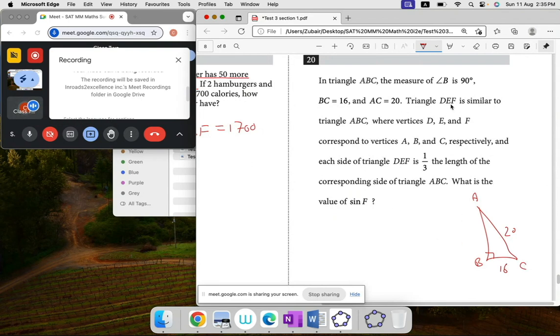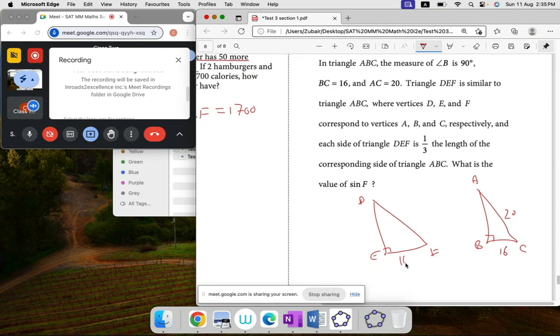Triangle DEF is similar to triangle ABC, where vertices D, E, and F correspond to A, B, and C respectively. Each side of triangle DEF is 1/3 of the corresponding side, so 16 by 3 and 20 by 3. What is the value of sine F?